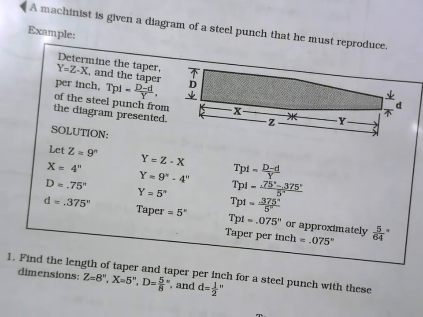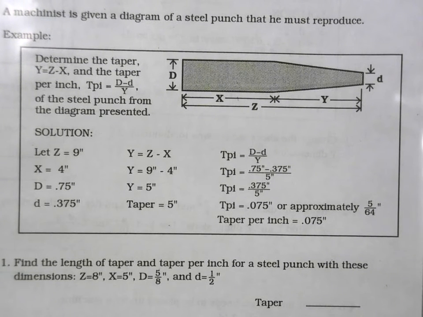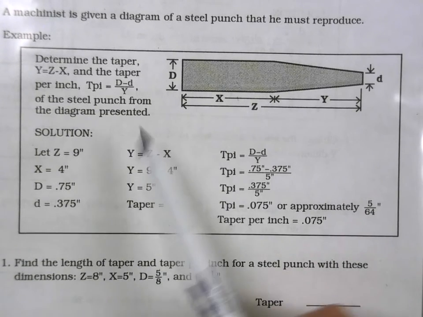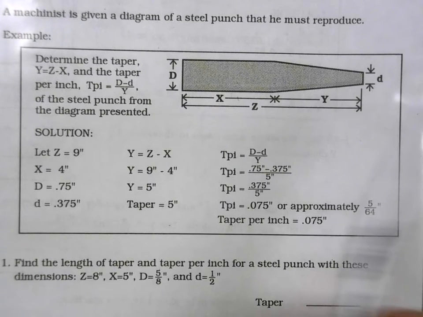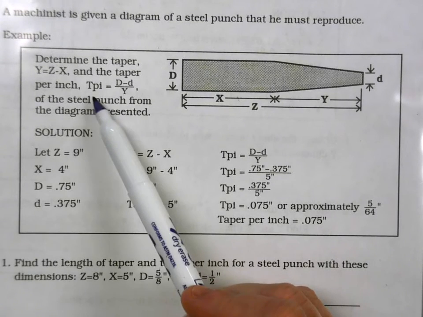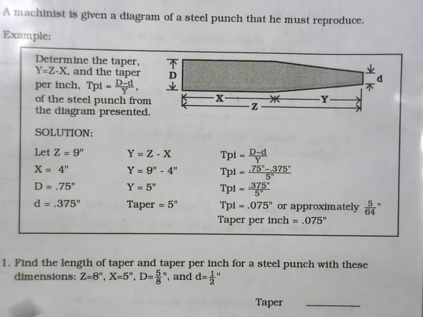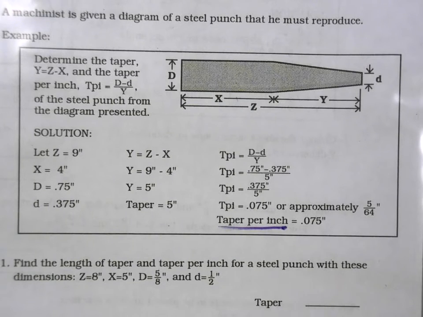On the back side, one other example here is this taper. How to do a taper, and this is the taper per inch, so how much it's tapering every inch. That's what the TPI stands for, taper per inch.